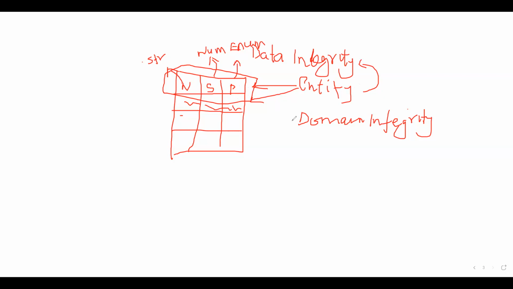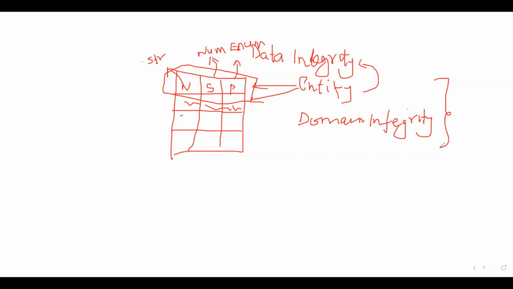Domain integrity ensures that the right data format and data type are enforced. And this is also part of what we call business rules being enforced when you are inputting data. Please take note, this is called domain integrity.